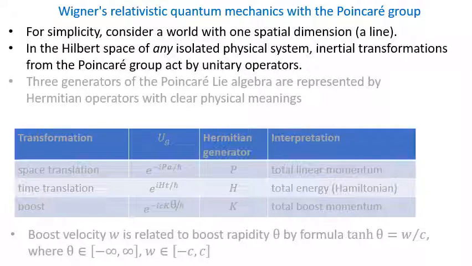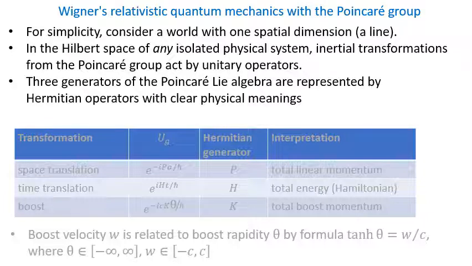In this world, we have inertial observers performing their measurements. We should be able to define a group of transformations between these observers and build a representation of this Poincare group by unitary operators in the Hilbert space of any isolated system.